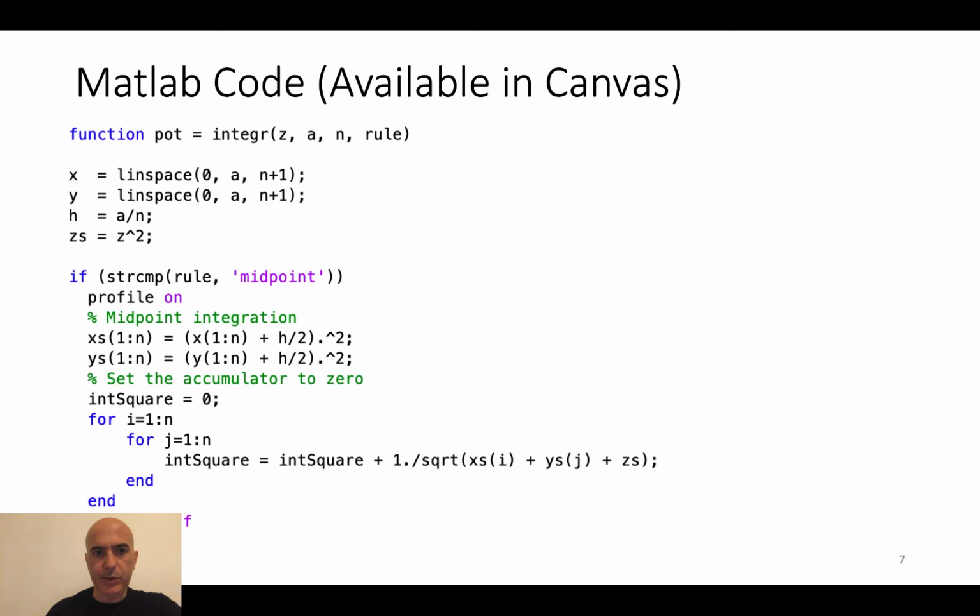So we have n squares along the x direction, n squares along the y direction. So we have nested loops, i from 1 to n and j from 1 to n, that allow us to go through all the squares in our domain. For each square we calculate the individual integral and we add it to the current accumulator value. So this is the integral that we calculate according to our formula using the midpoint rule.